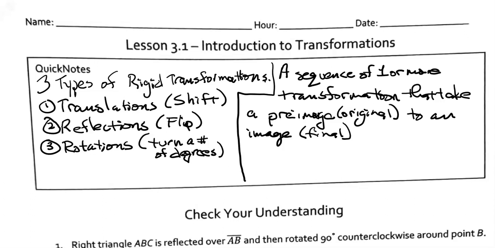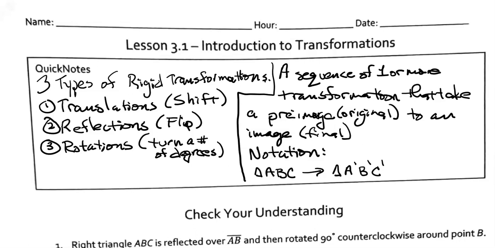Okay, so when we do this, the notation that we're going to use, and this is going to be important, so let's say we have triangle ABC and we perform some transformations to it. Now it becomes triangle A prime, B prime, C prime. Okay?